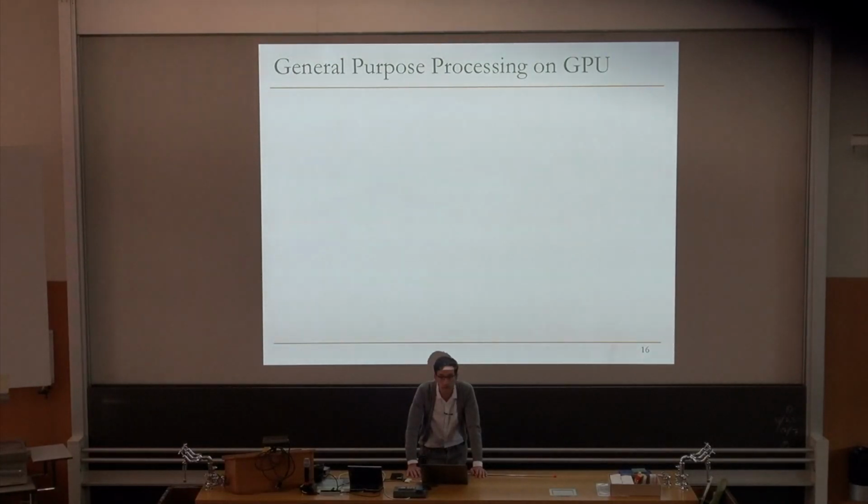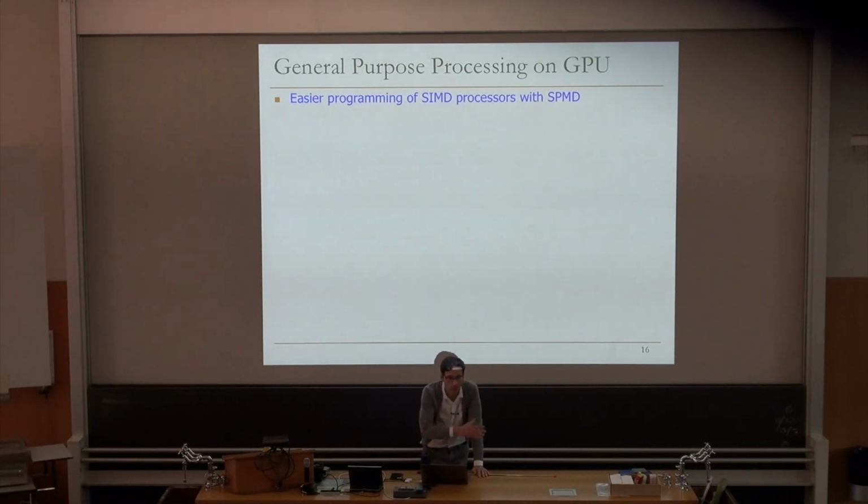graphics processing units. The fact that they are much easier to program, because instead of programming them as traditional SIMD processors, vector or array processors, they can be programmed with this SPMD, single program multiple data programming model that makes our life much easier.